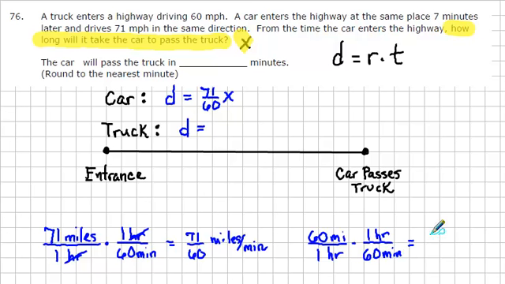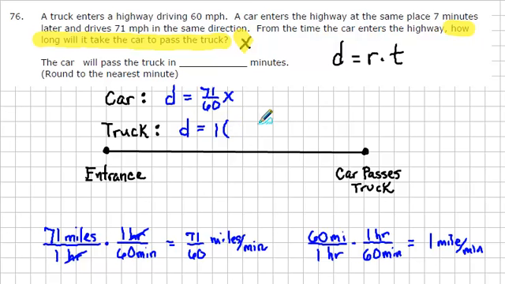That's equal to 1 mile per minute. So the rate of the truck is 1 mile per minute. So the rate is equal to 1.